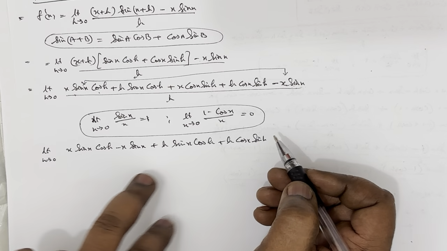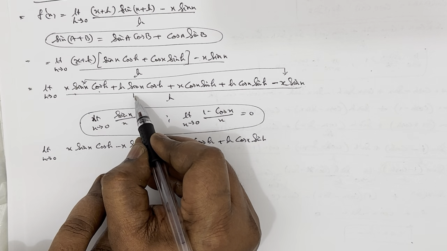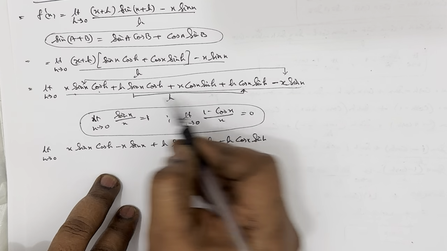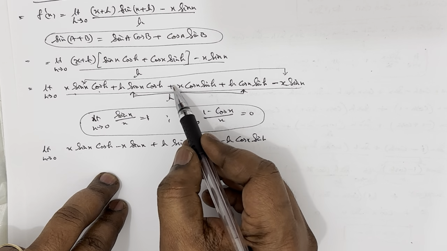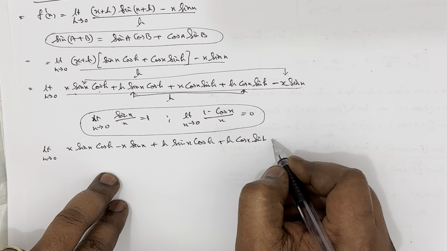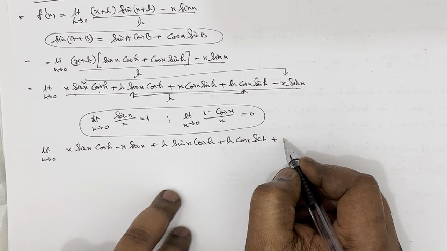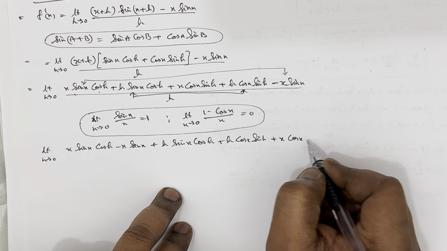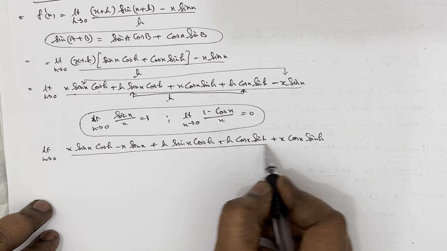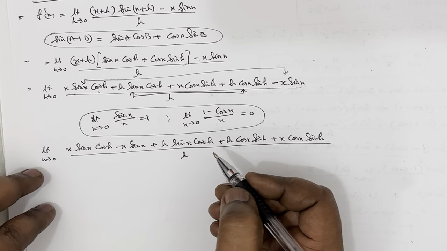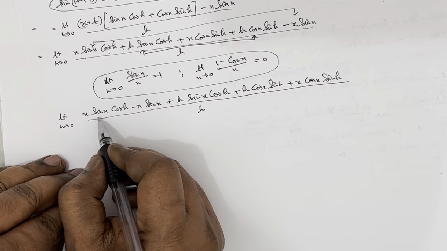Okay, so we have taken this together. Now this is the remaining, so it will be plus x cos x sine h, whole upon h. Now let's take commons.